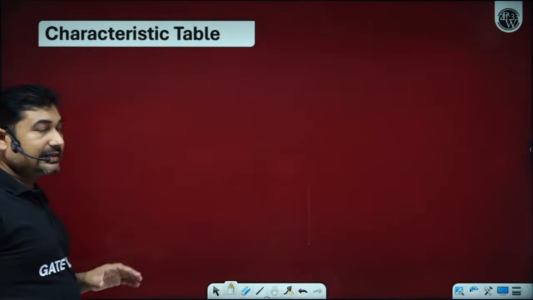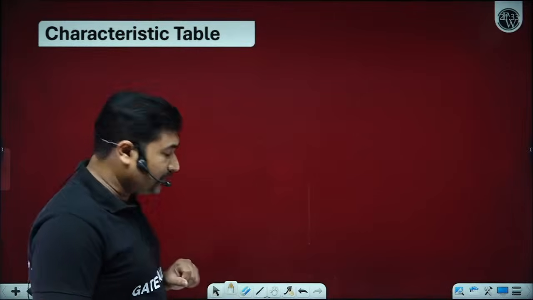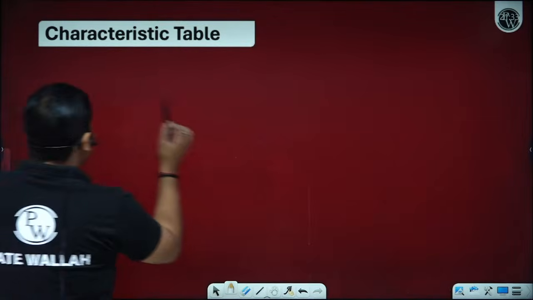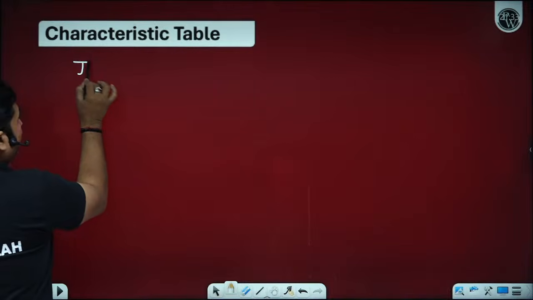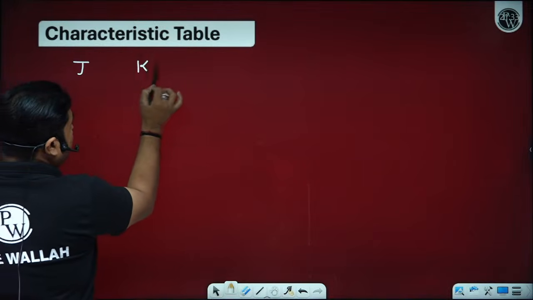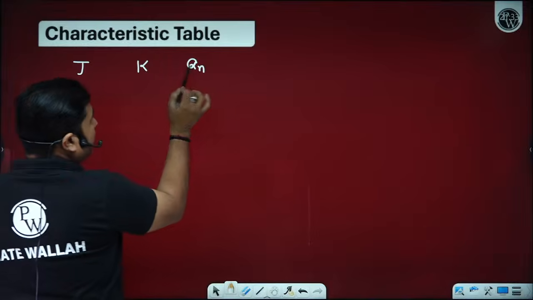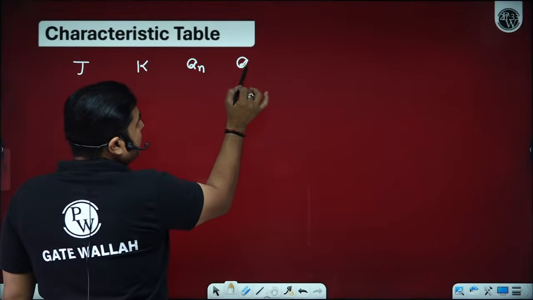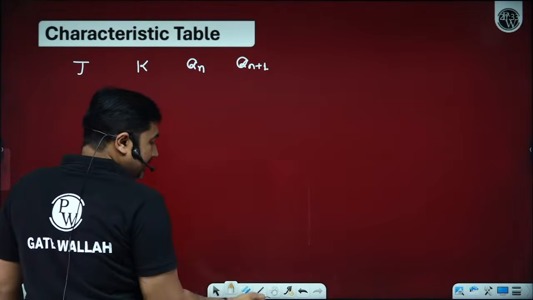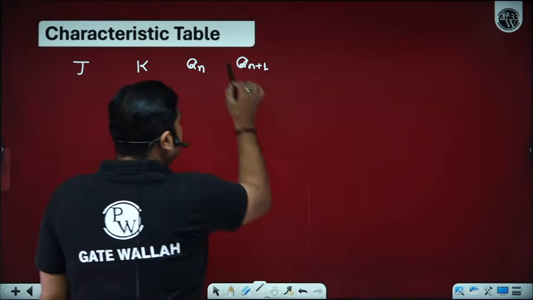The characteristic table characterizes the entire behavior of the flip-flop. So for a JK flip-flop, depending upon the present input to J and K and the present state Qn, we can write the next state logic. Yes, sir.